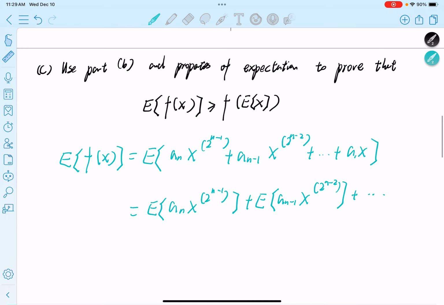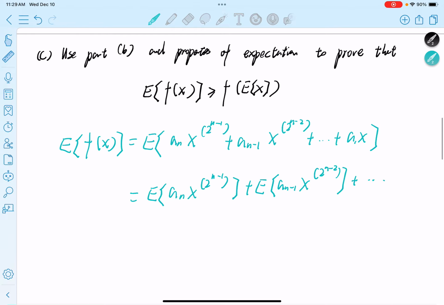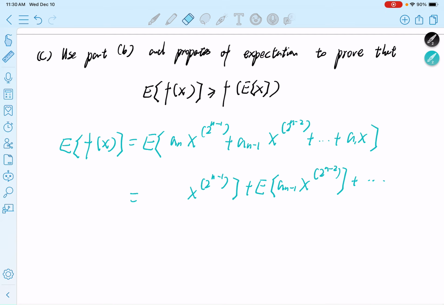And also because of the linearity, each an is fixed, right? So an is not a random variable, they are constants, so we can just take out this an. This is also because of the linearity.